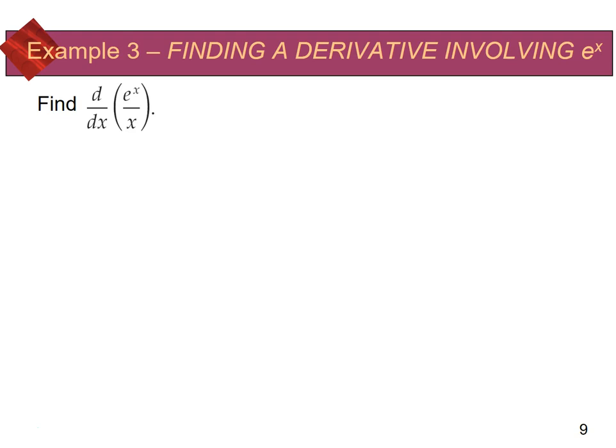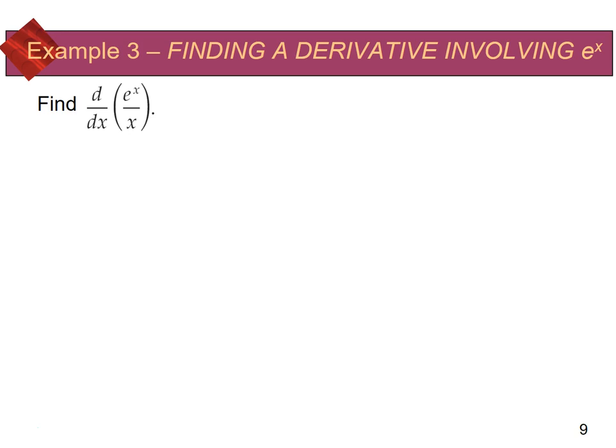So say you wanted to find the derivative of e to the x divided by x. Again, this is a quotient rule. I could make it into a product rule if I want, but they're going to solve it using the quotient rule. All I have to do is make sure I know the rule for differentiating e to the x when it's time for me to do the derivative.